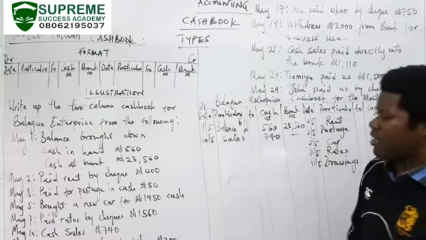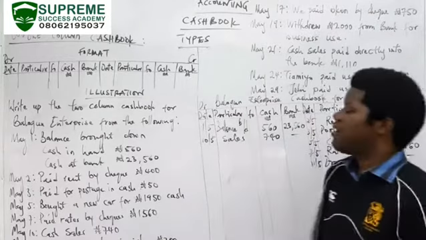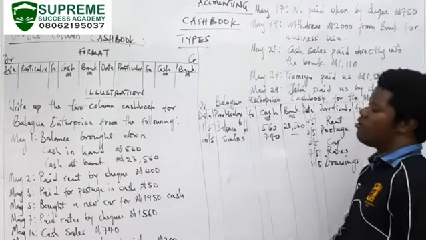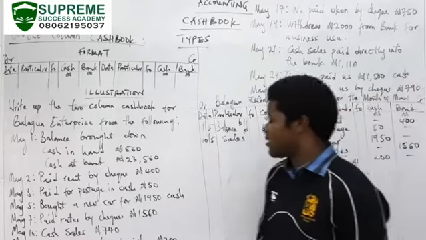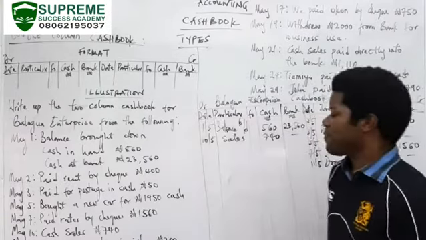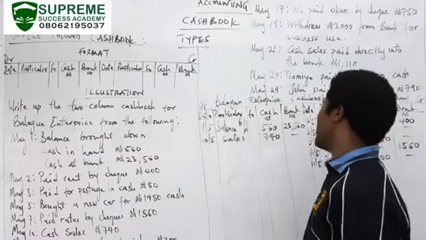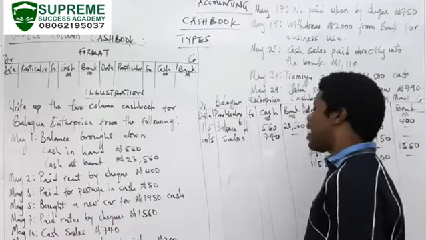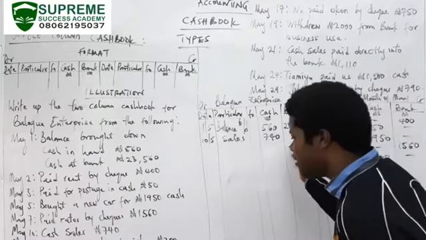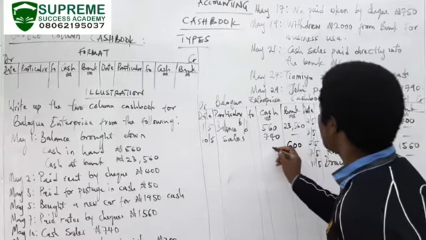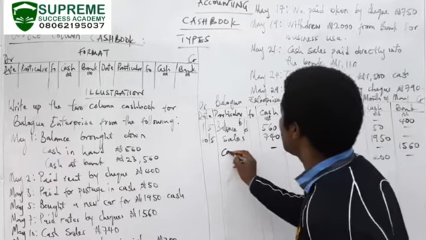So let's look at the transaction again. May 15, cash paid into bank, 600. This implies that cash is the giver and bank is the receiver. So our bank is receiving a sum of 600 naira from our cash.